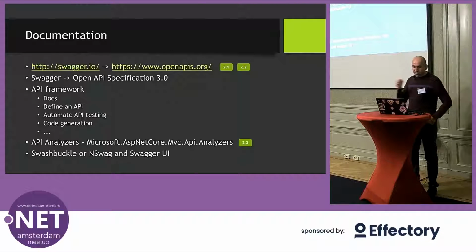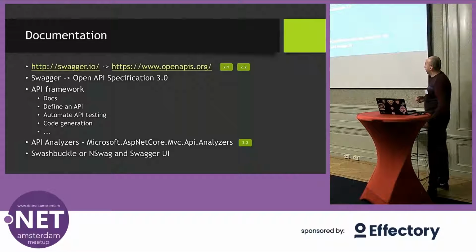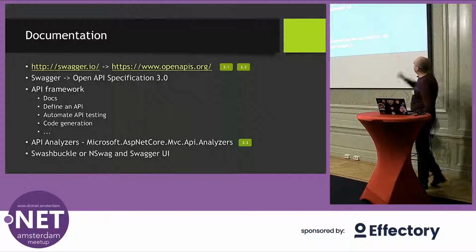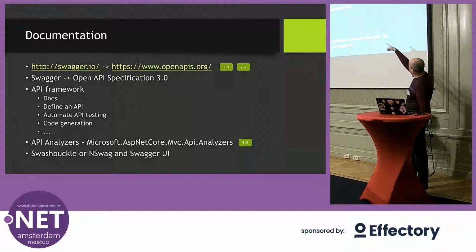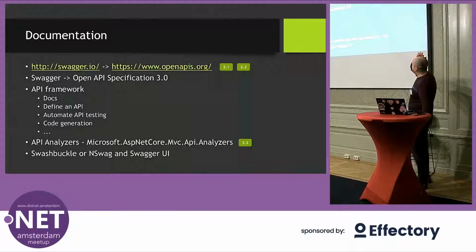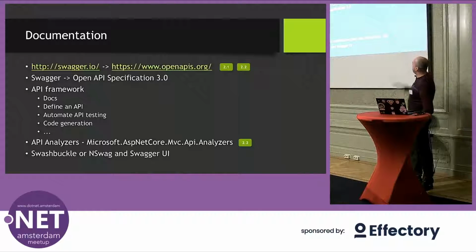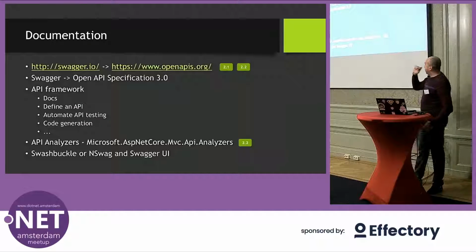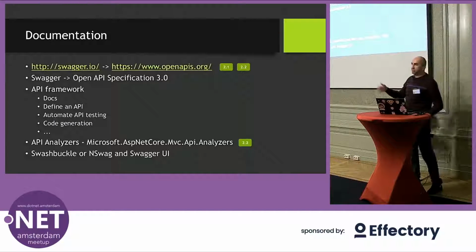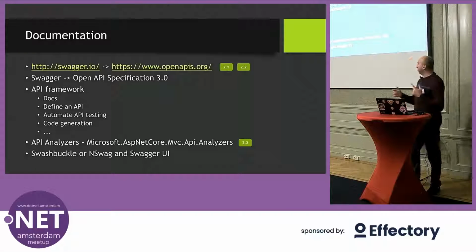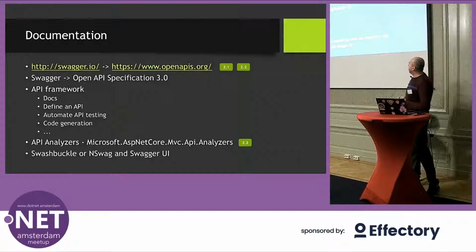Okay, so another new thing is API analyzers. They are coming with 2.2 and Swagger support. We had some new things in 2.1 and some are new in 2.2. API analyzers I spoke about earlier. Those are Roslyn things that just check whether your APIs conform to some conventions.